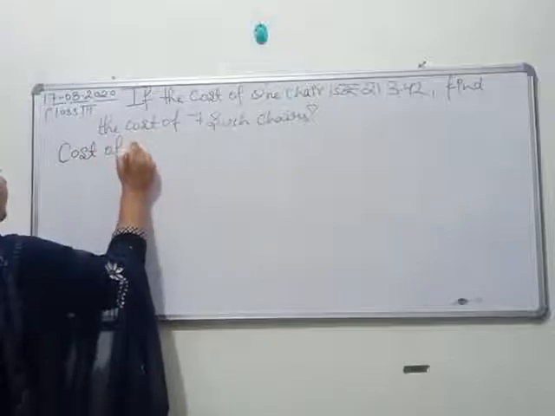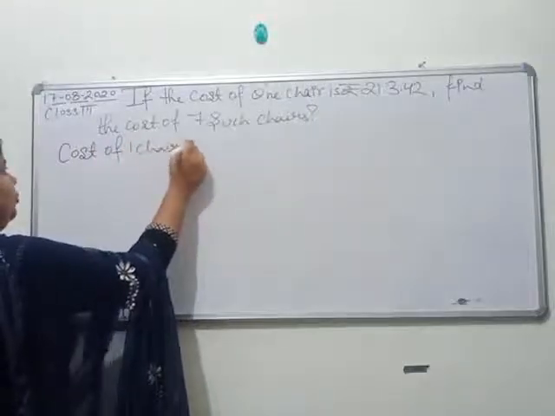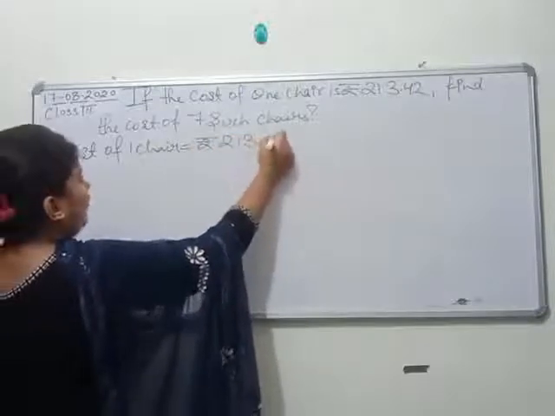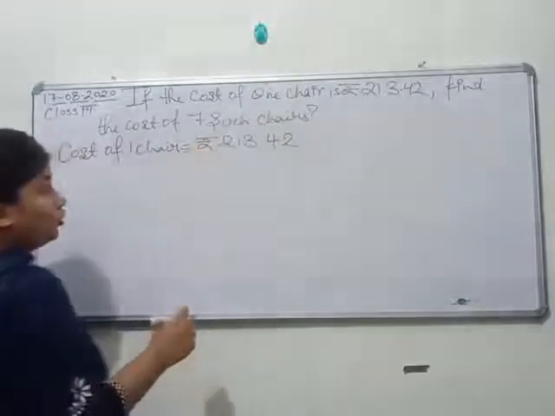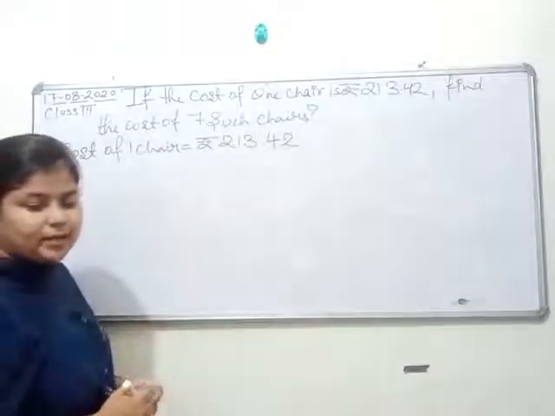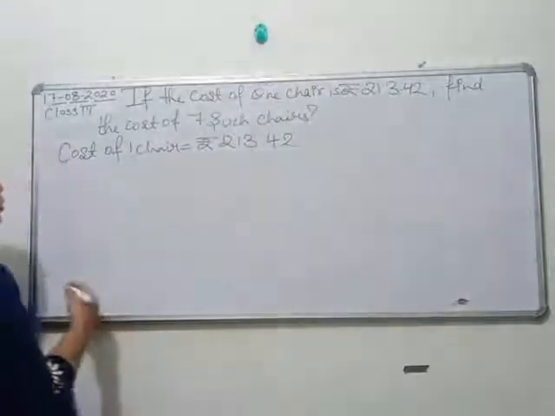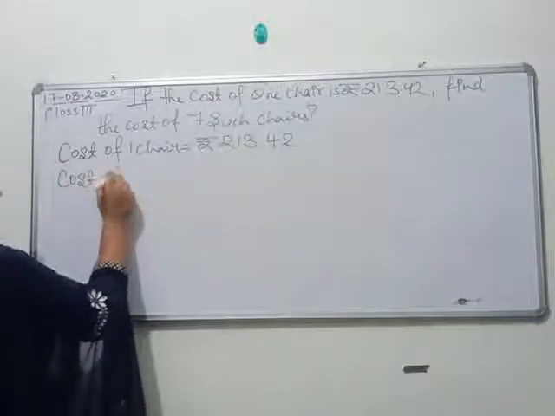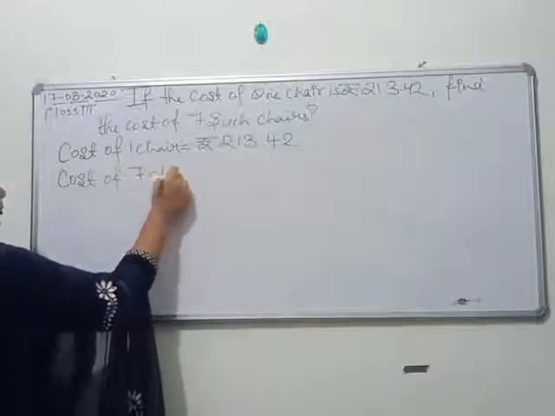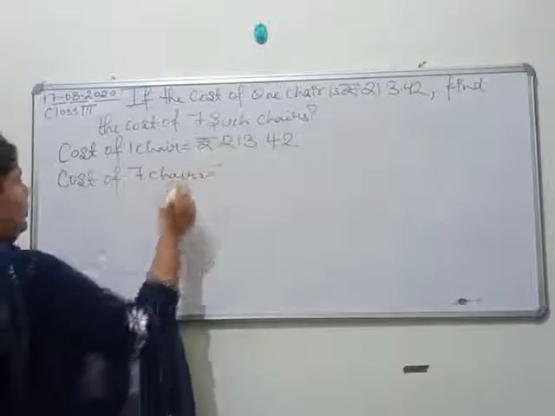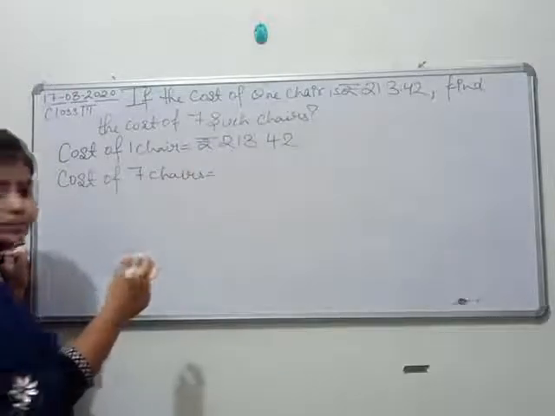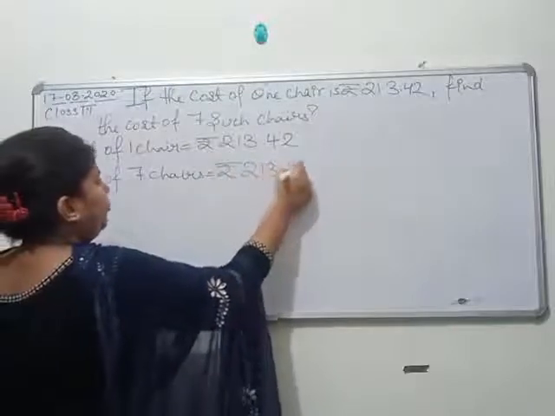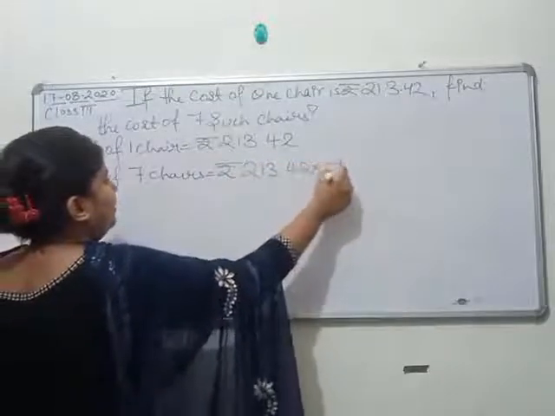Cost of 1 chair equals 213 rupees and 42 paise. So the cost of 1 chair is 213 rupees and 42 paise. Now the cost of 7 chairs is equal to 213.42 multiplied by 7.